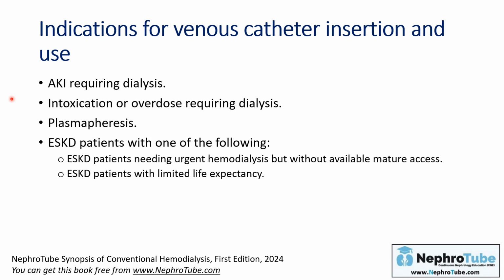Also, as we mentioned in the previous lectures, where we discussed the arteriovenous fistula and arteriovenous graft, in end-stage kidney disease patients with limited life expectancy, the choice of dialysis from venous catheter may be a reasonable choice.